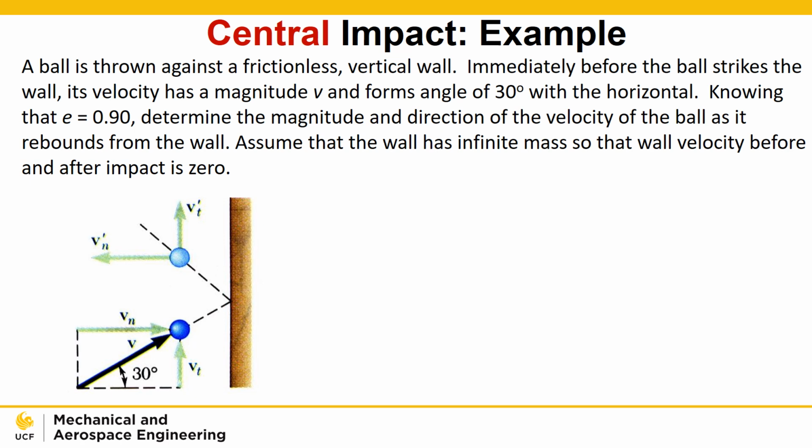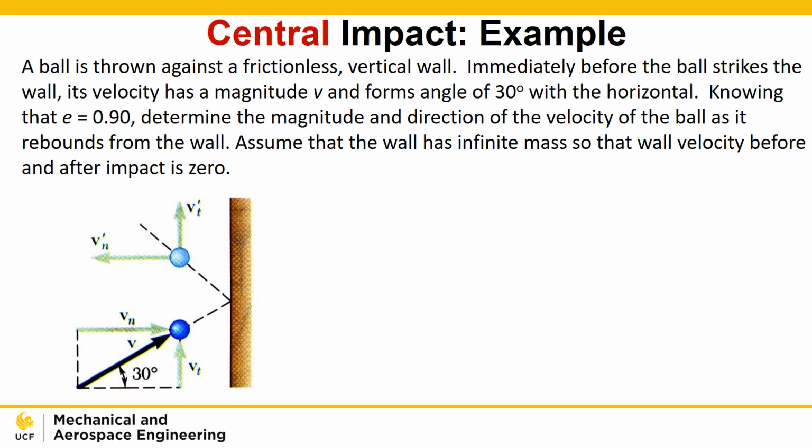Now let us look at an example problem here. In this example problem, it is mentioned that a ball is thrown against a frictionless vertical wall, and immediately after the ball strikes the wall, it has a velocity of magnitude v and forms an angle of 30 degrees with the horizontal.